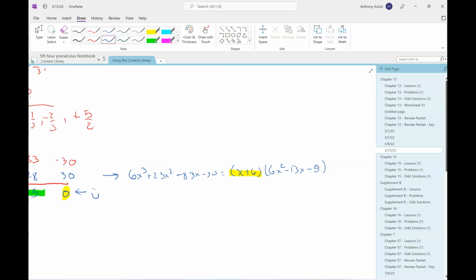Everybody's okay with that? And this is actually far enough for me to be able to finish this guy out.